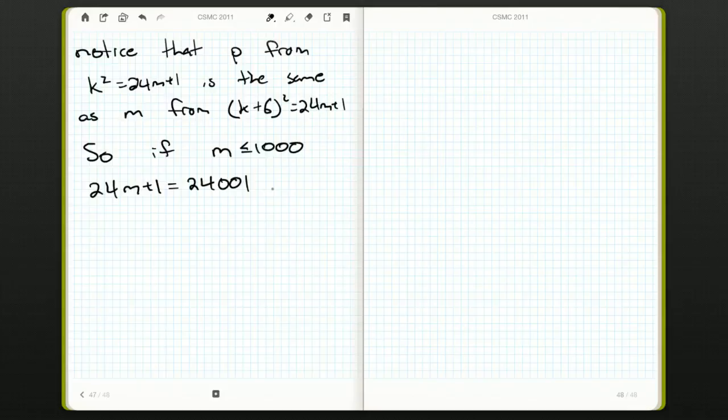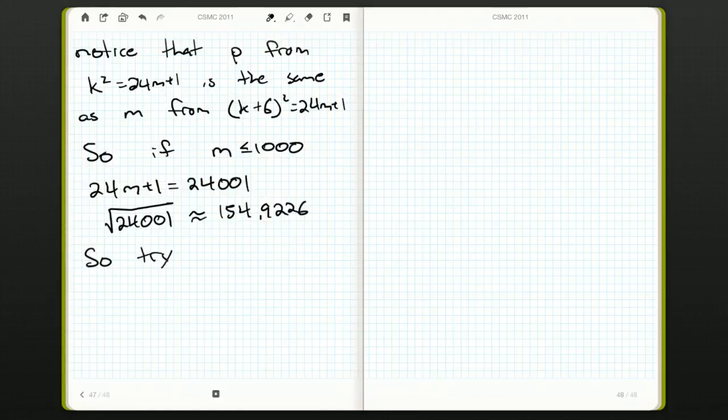So the square root of 24,001 is approximately 154.9226. So let's try 151, 153 squared, 155 squared. See what m's and p's we get out from there.